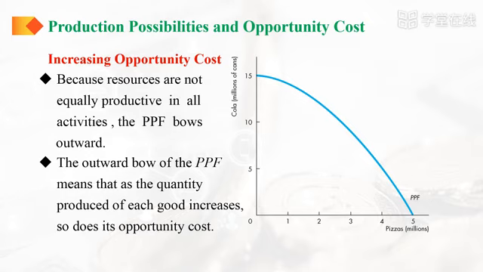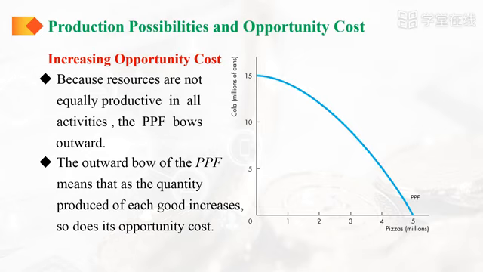When we produce a large quantity of pizzas and a small quantity of cola between point E and F, the frontier is steep. A given increase in the quantity of pizzas causes a large decrease in the quantity of cola.